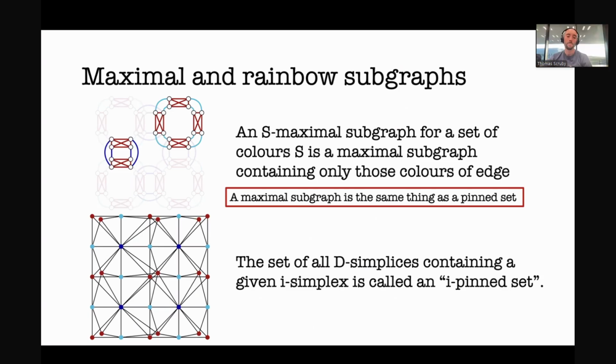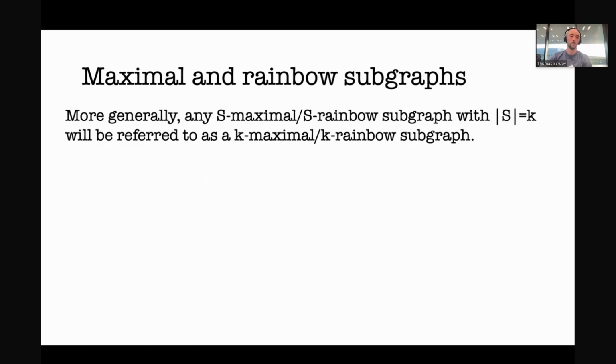Yes, right. So what you can do is you just take the size of S, we'll call this K, and then a K maximal or K rainbow subgraph is any S maximal or S rainbow subgraph where K is the size of S.